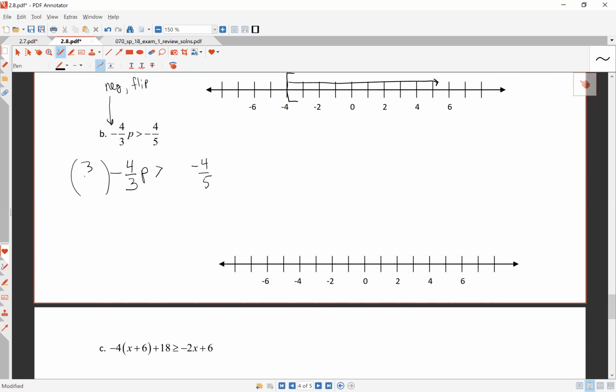That reciprocal is negative 3/4. We multiply the other side by a negative 3/4. 3's cancel, 4's cancel, negative, negative's positive. We have p is greater than. 4 goes into 4 once. The negatives cancel. We have 3/5.